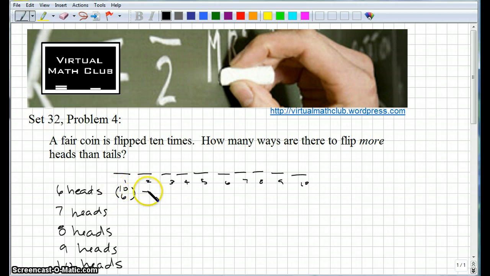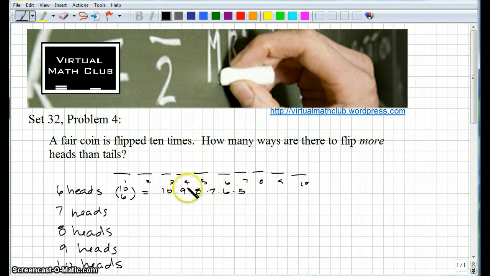Okay, which means we have 10 choices for the first position of a head, and then 9, and then 8, and then 7, and then 6, and then 5. Okay, so we have 10 spots that we could put the first head in, and then we have 9 left where we could place the second head, and 8 left after that to place the third head, and so on.